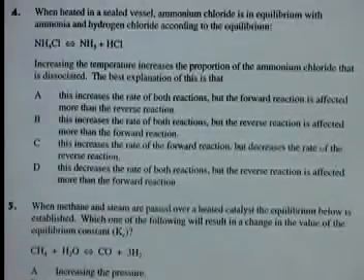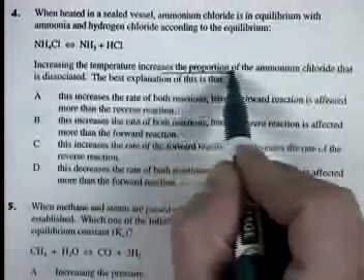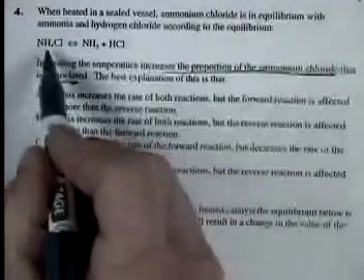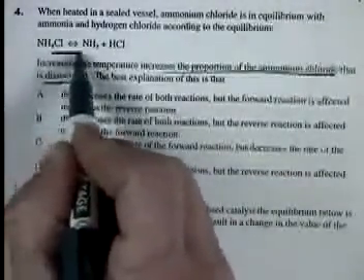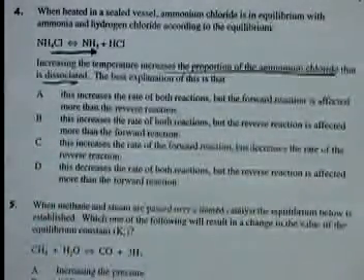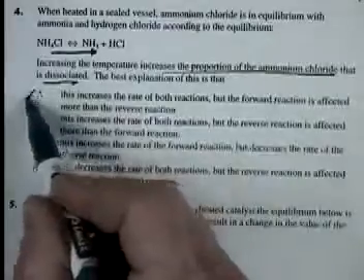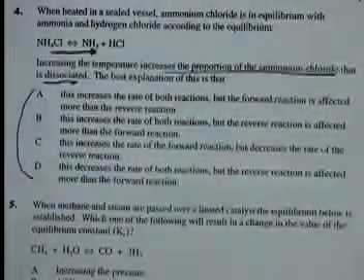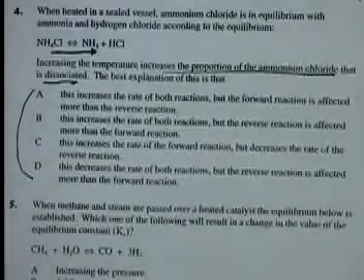Increasing the temperature increases the proportion of the ammonium chloride that is dissociated. So if I increase the temperature, more of this disappears. In other words, it shifts to the right. The best explanation for this is that, go ahead and take a moment right now and read through A, B, C, and D. Pause the video, and we'll come back and answer the question.